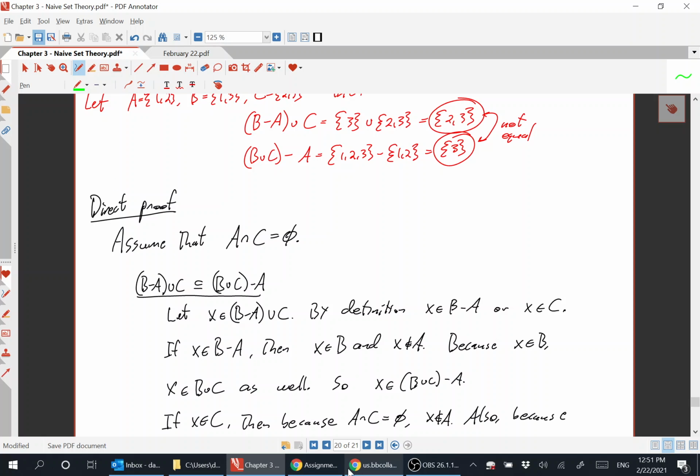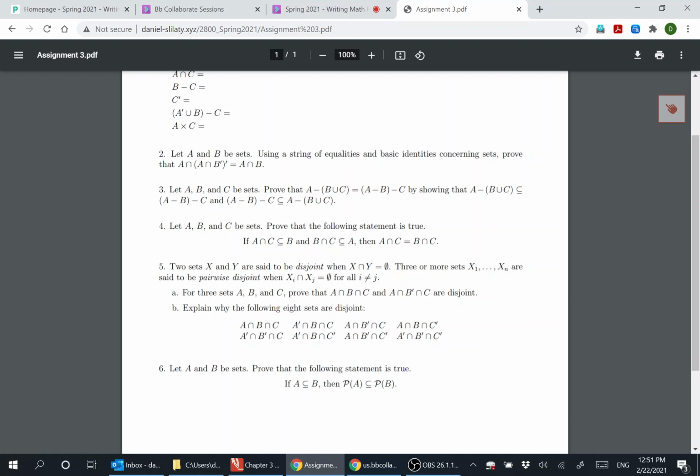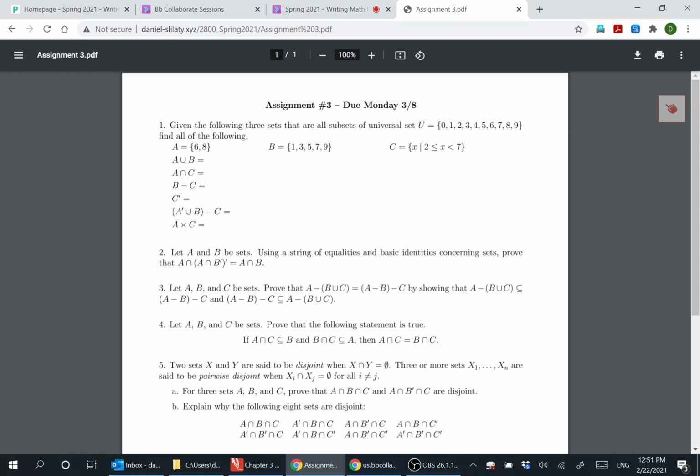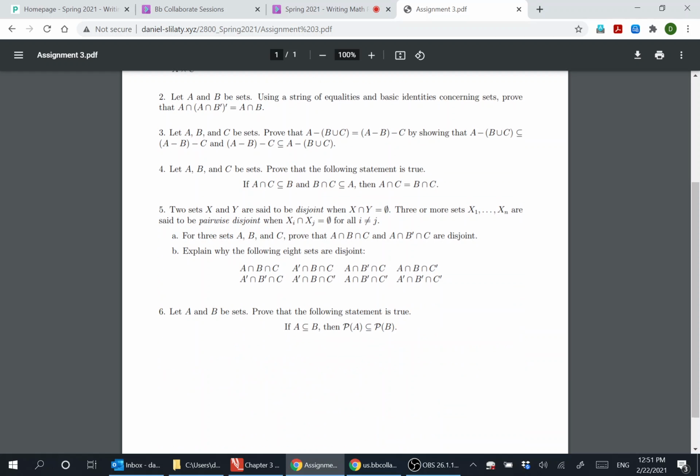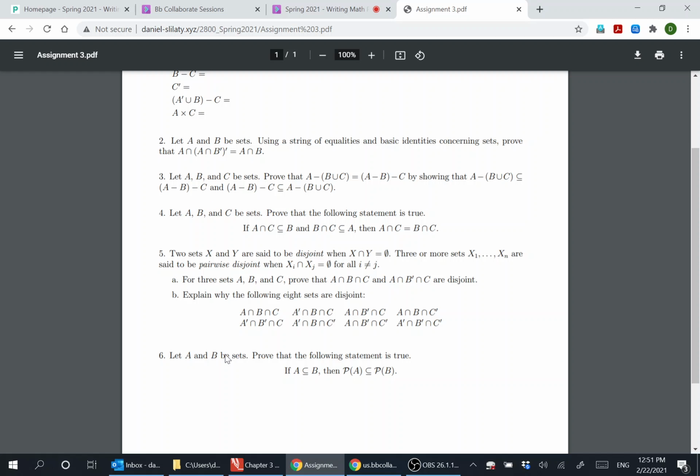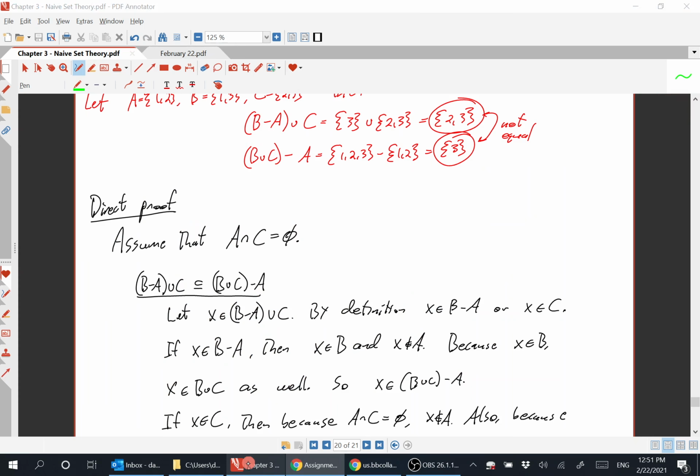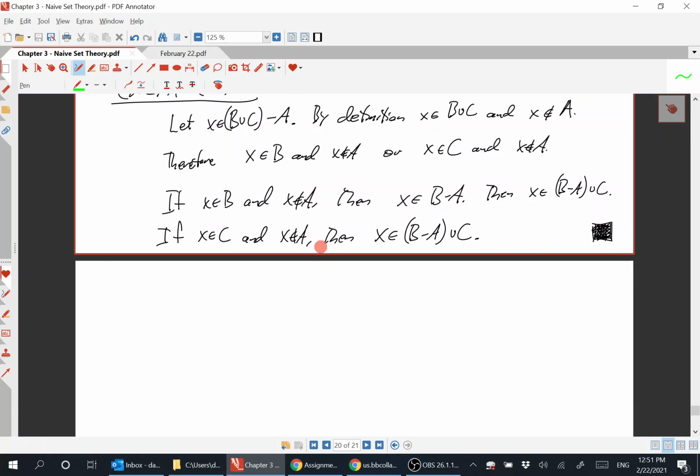So on assignment 3, number 4, this is the way the proof for this one should look. Here is the template.